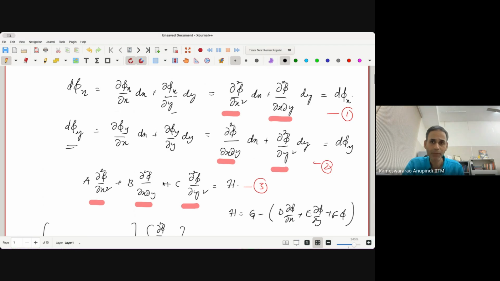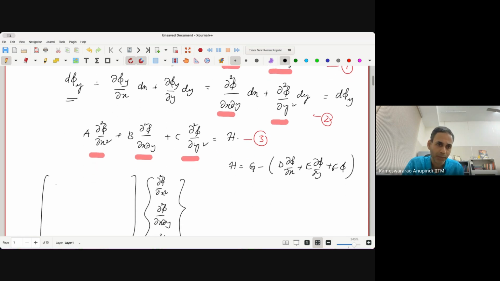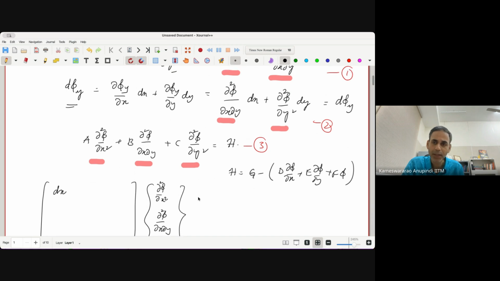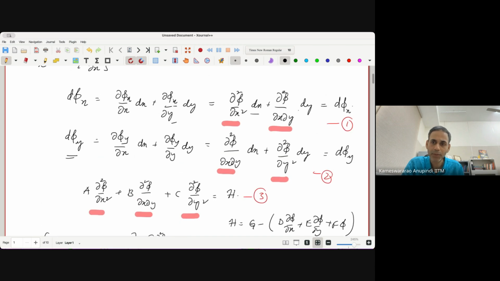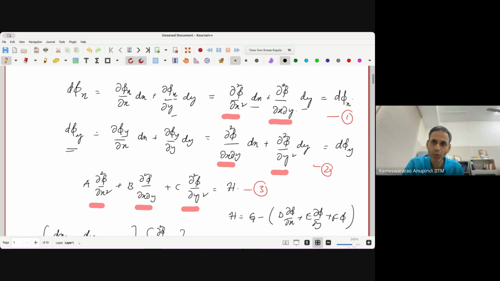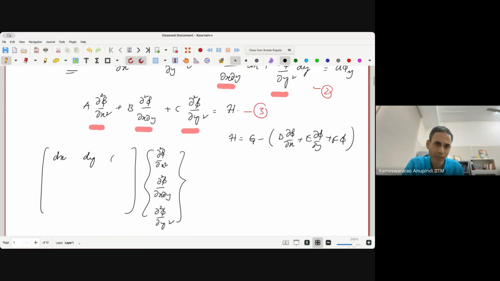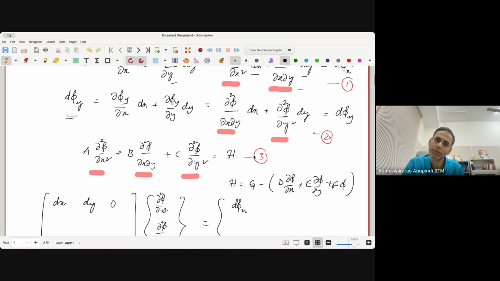And then from the first equation, we know that this is equal to dx times ∂²φ/∂x², so this is the ∂²φ/∂x² entry. So this is dx. And then for ∂²φ/∂y², the coefficient is dy. So this is dy. And there is no ∂²φ/∂y² term here, so as a result that is 0. So 0 times ∂²φ/∂y² equals, on the right hand side, the differential of φx.